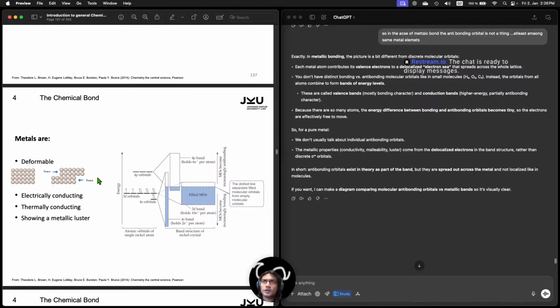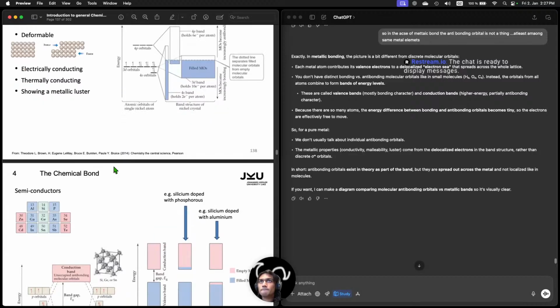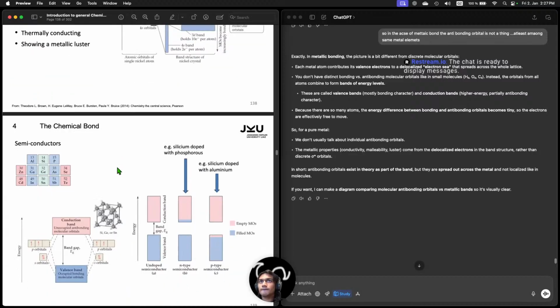I know it's thermally conducting, electrically conducting, showing a metallic luster. What is this? Semiconductors.